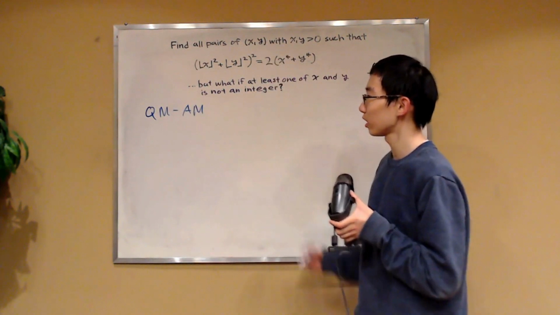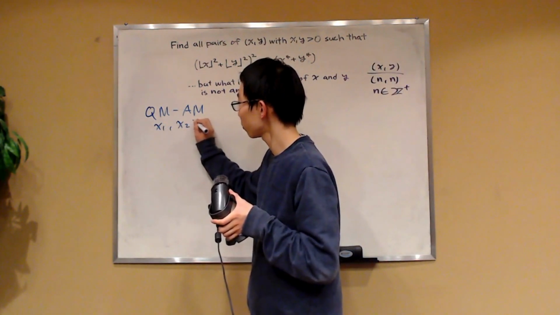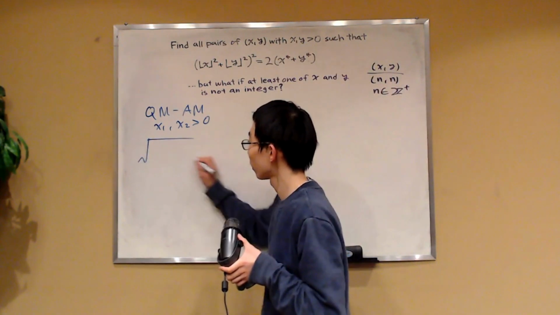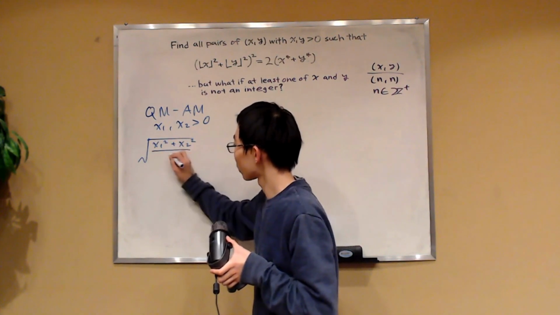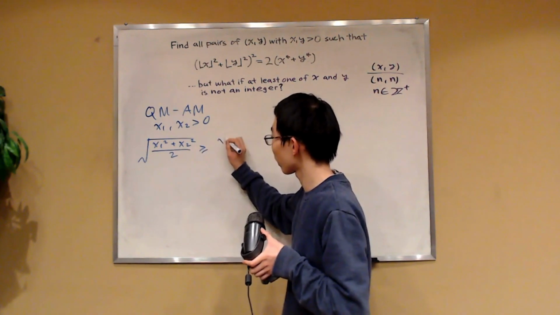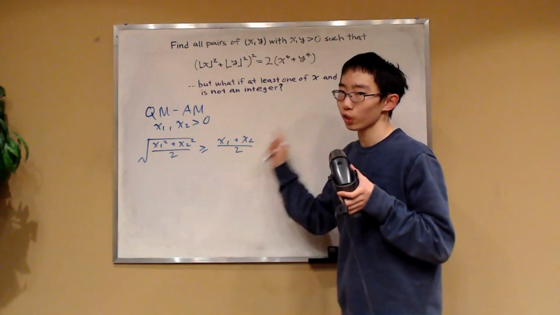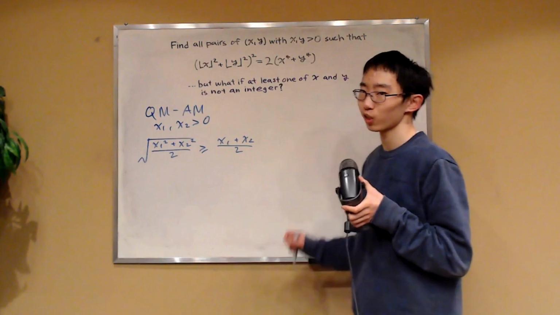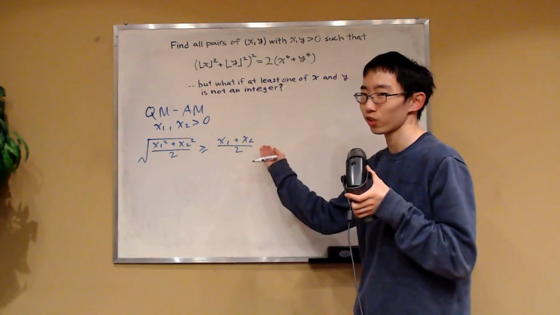It states that if you have two positive real numbers x1 and x2, then it follows that the square root of (x1 squared plus x2 squared) over 2 is greater or equal to (x1 plus x2) over 2. This is the QMAM inequality. And by the way, this actually extends way beyond two terms, but we only need the one where we have two terms. So this is sufficient.